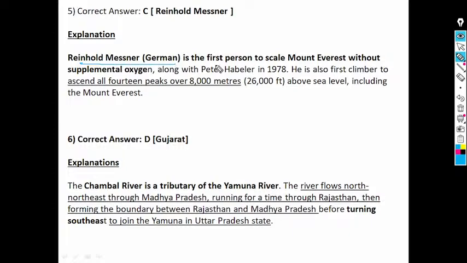Reynold Messner, a German, is the first person to scale Mount Everest without supplemental oxygen, along with Peter Habeler in 1978.